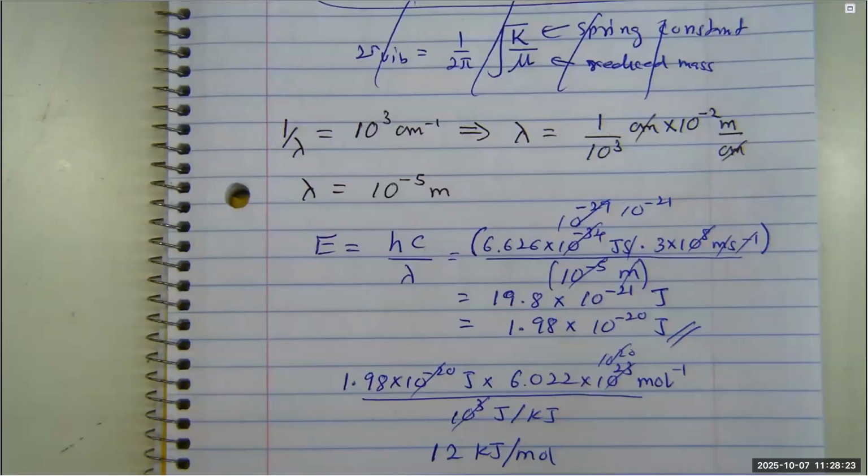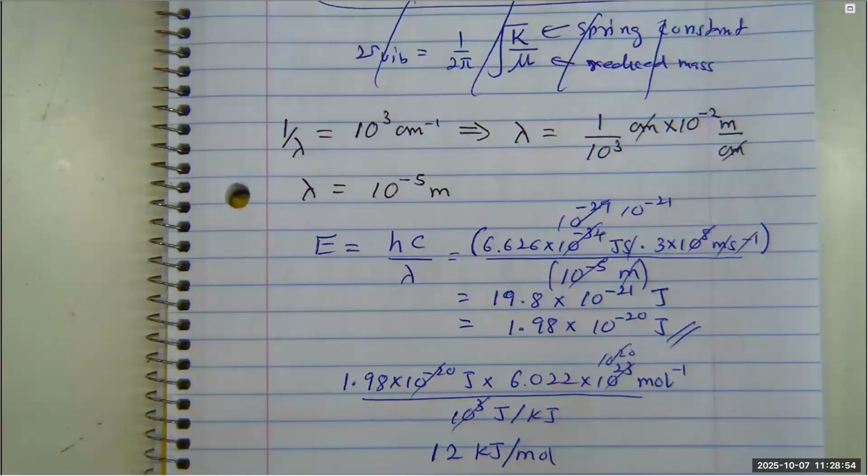I have another hand. Oh, Carlos, behind. Daniel, go ahead. So what this is telling us is that there's 12 kilojoules of energy per mole that is absorbed at that IR for CO stretching.